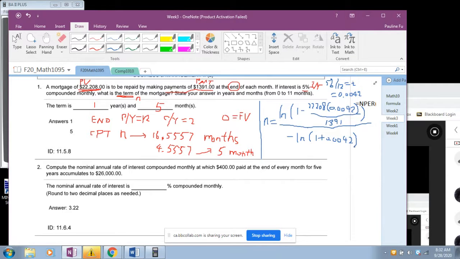So that is the formula method. You should use your calculator or Excel to verify. You should get 16.5557.